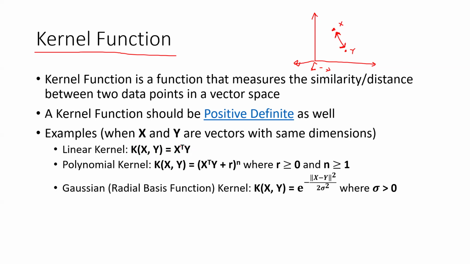This is the simplest dot product of two vectors, right? If you take the x vector and y vector with the same sizes, you can take the dot product of these two vectors and find the similarity of these two vectors. So it is also a measure of this distance, right?